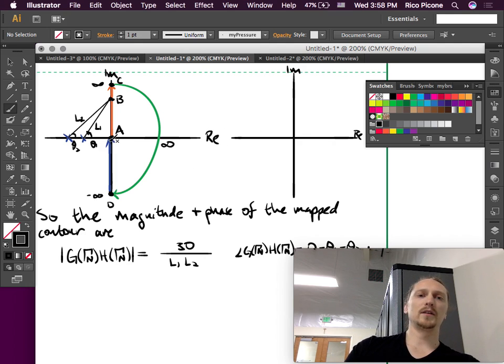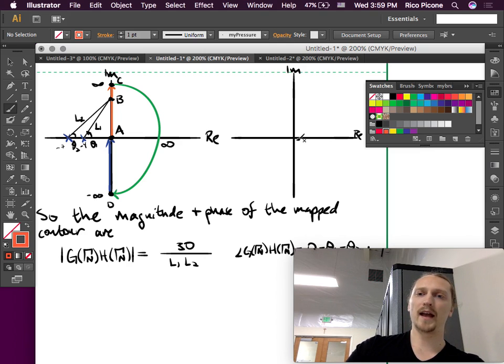And the magnitude is going to be what? 30 divided by 7 and 4, right? This is at negative 7, and this is at negative 4. So 7 times 4, 28. So 30 divided by 28 is pretty close to 1. So we're going to have our first point on the mapped contour. I'll make this orange because it's for this segment here.